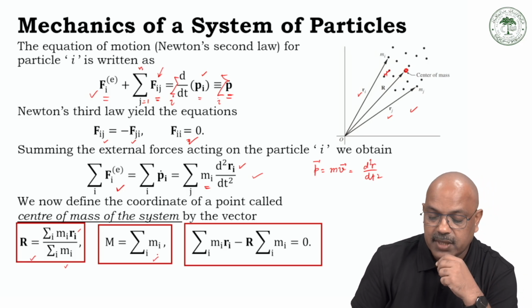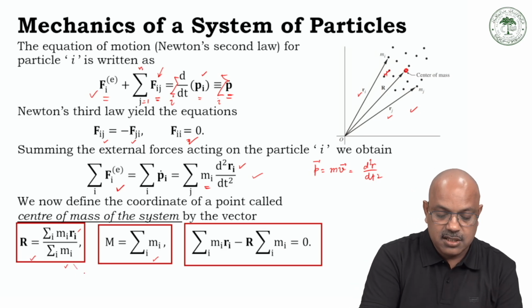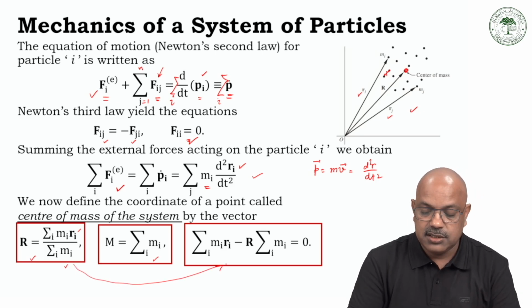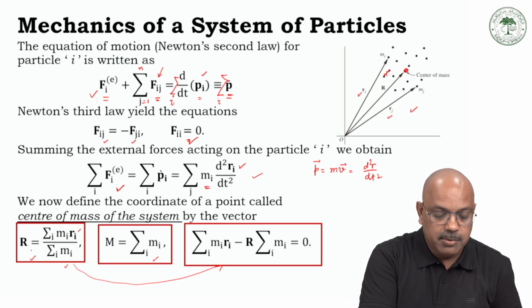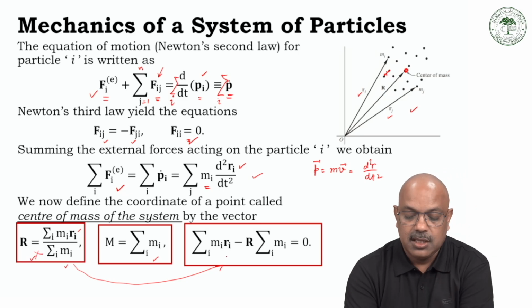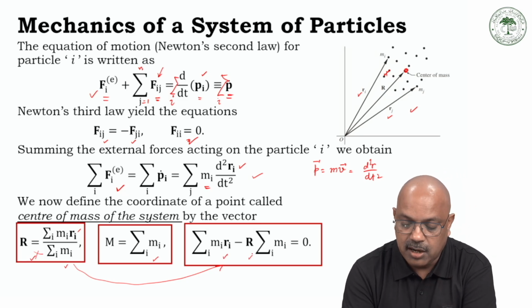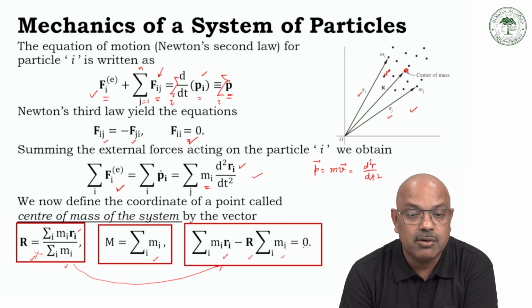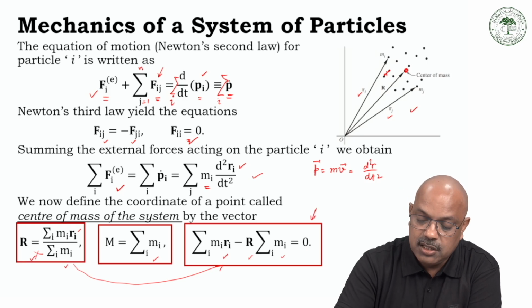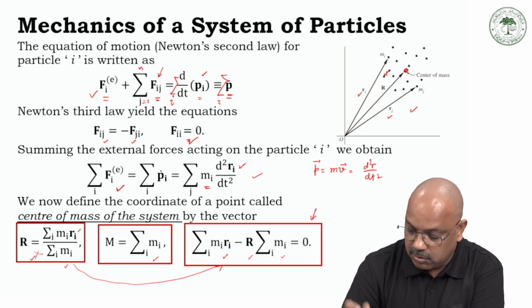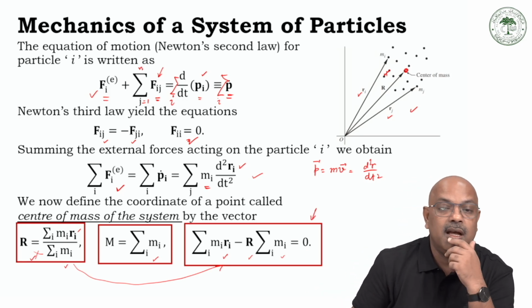And if you go through this relation, the sum over mi (ri minus R) is going to be 0. So this particular equation we are going to use later on in this lecture.